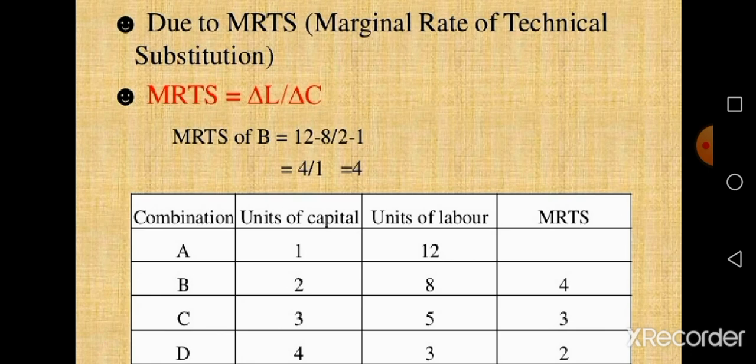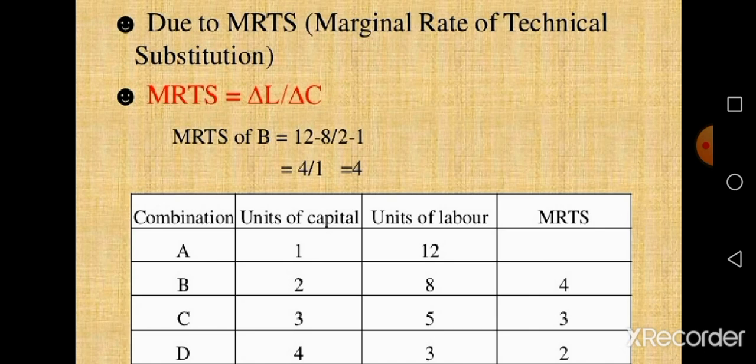The MRTS of combination B is equal to 12 minus 8 by 2 minus 1, which is 4 by 1, equal to 4.